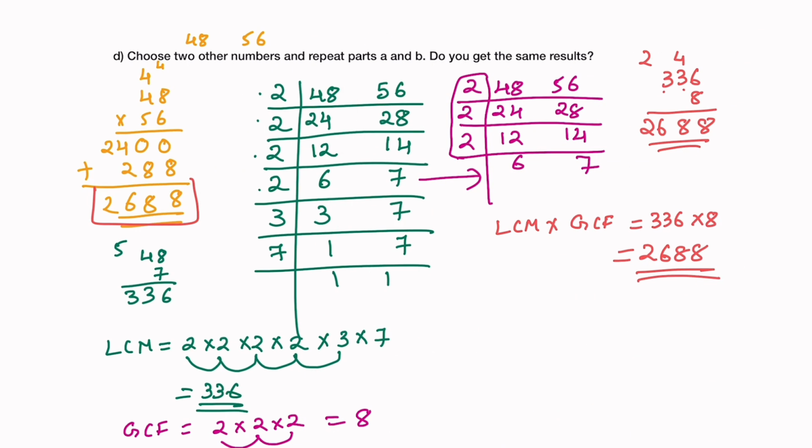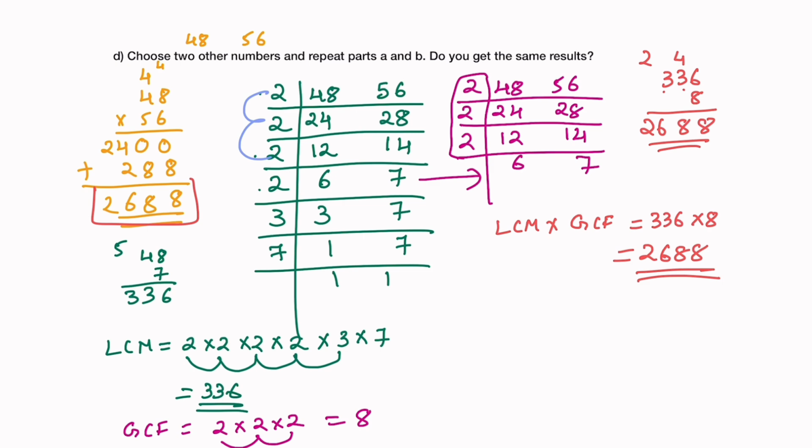That's because, now understand the logic here. What's happening? When you take the LCM, you do not take the common factors twice. You take them once, right? And GCF has the common factors. So in this case, look here, when we had 2, 2, 2, they both were dividing.